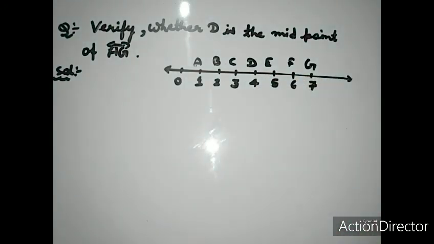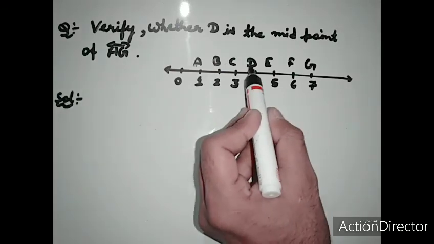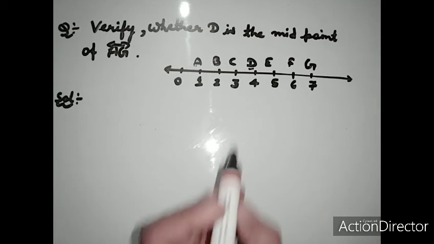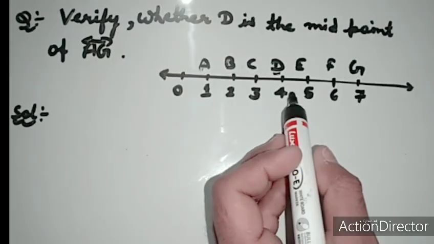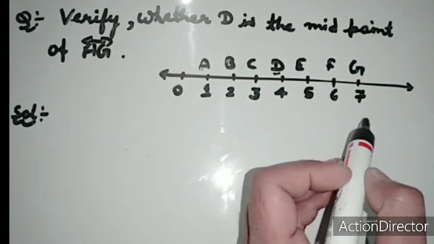So the question is verify whether D is the midpoint, right? Whether this D point is the midpoint. So here what we do is count the units. From D we count the total units, 1, 2, 3 and 1, 2, 3.